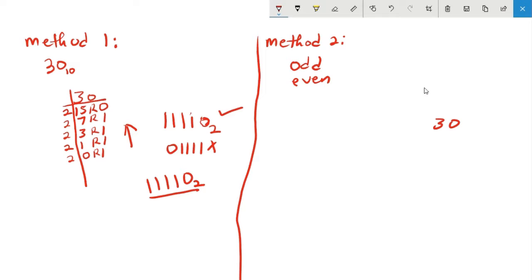Let's say 30 divided by 2, that's 15. 15 divided by 2, that's 7, remainder 1. However, I'm not going to write the remainder 1. I'm only going to write the 7.